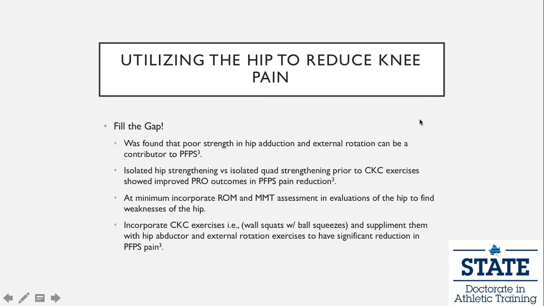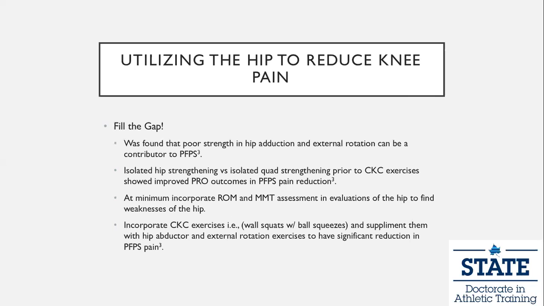So how do I fill in the gap? Looking at the literature, it was found that poor strength with hip adduction and external rotation can contribute to PFPS. Isolated hip strengthening versus isolated quad strengthening prior to closed kinetic chain exercises has shown improved patient outcomes with pain reduction in knee pain.